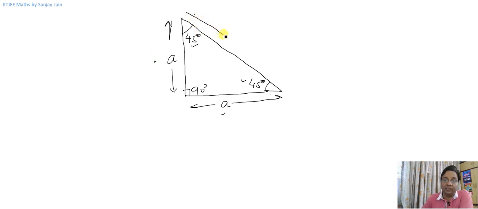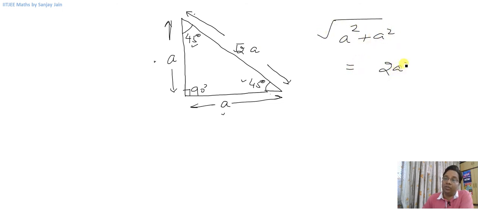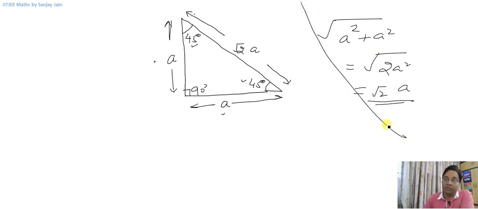And what will be this hypotenuse? If you apply Pythagoras theorem, then you will see that this will be root 2 into A, because it will be equal to the square root of A squared plus A squared, which is the square root of 2A squared, and hence equal to root 2A. So now we have got a 45, 45, 90 triangle.